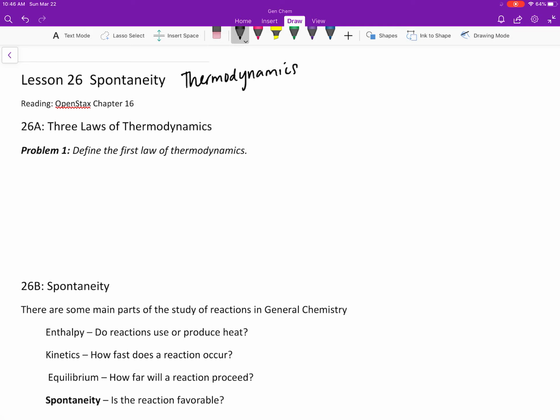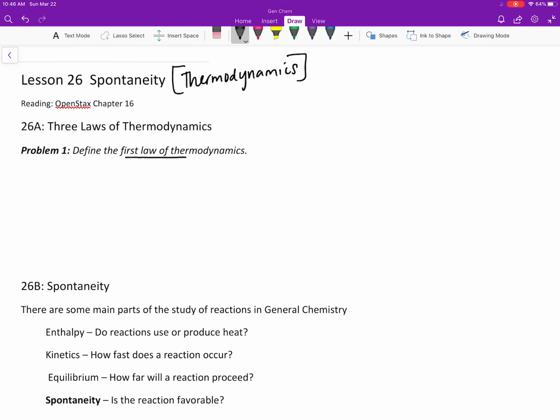So we're going to start talking about a field of chemistry called thermodynamics, and we're going to start with the 3 laws of thermodynamics. You need to make sure you know these laws pretty well. The first law we can define using a formula, which I like as long as I know the variables.